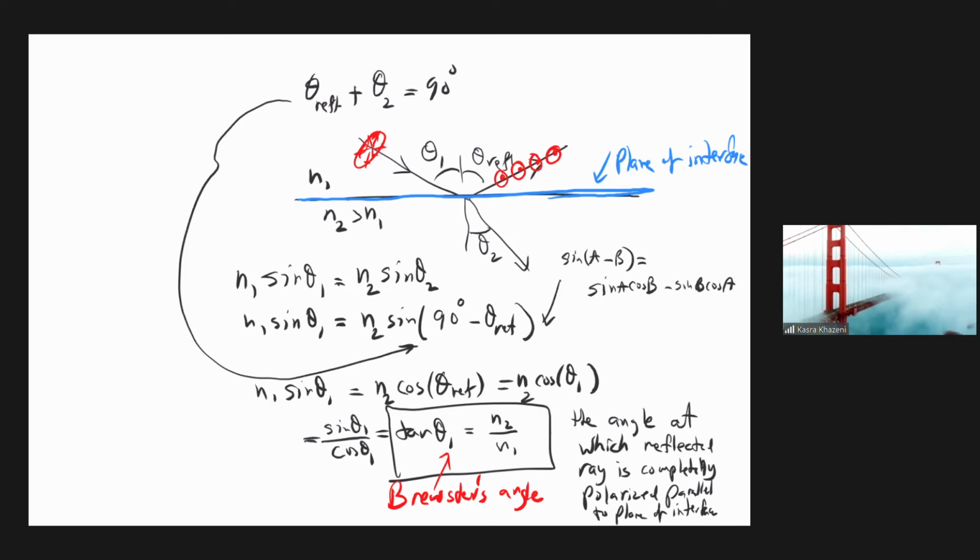Any questions? Okay, so only a specific angle. At this very particular angle, you get complete polarization of the reflected light. All right. So we're pretty much done with this chapter.